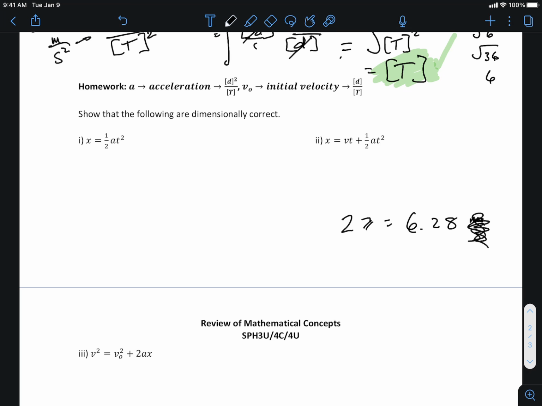It doesn't have units. So for the purposes of dimensional analysis, it doesn't affect anything, so we just ignore it. It's not a part of the dimensional analysis. If I was looking for a numerical answer, then yes, you would have to include the 2 pi. Like if I wanted an answer in seconds, you'd have to include the 2 pi.